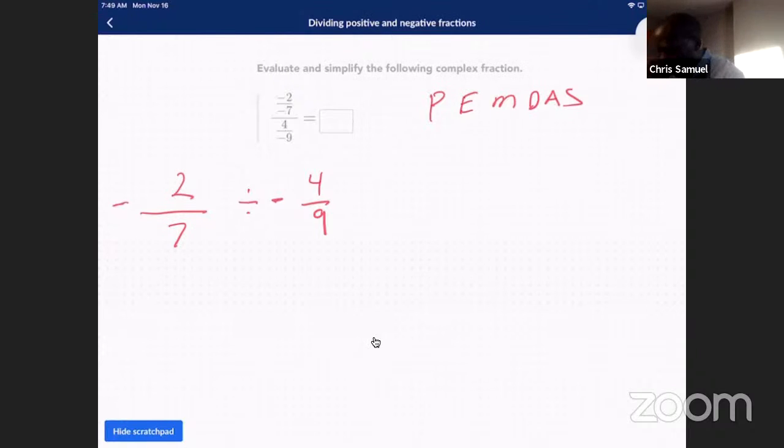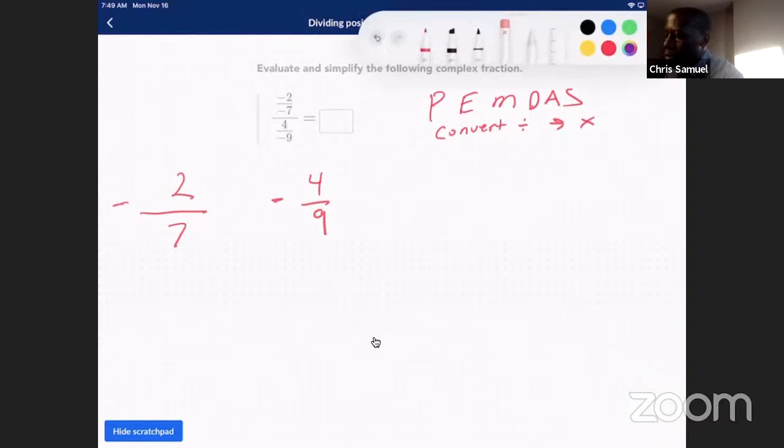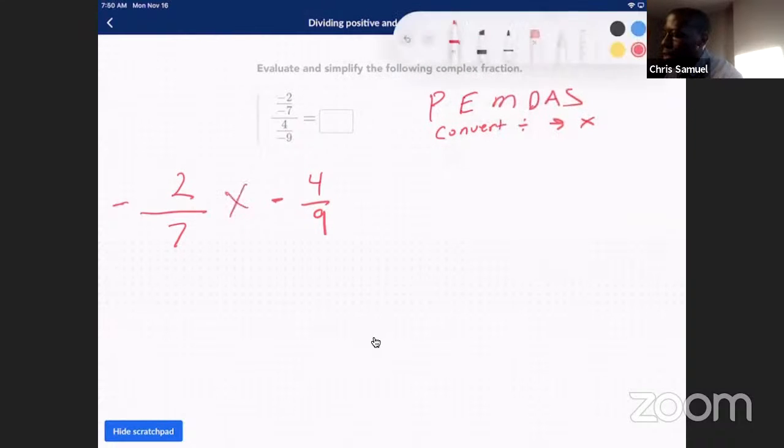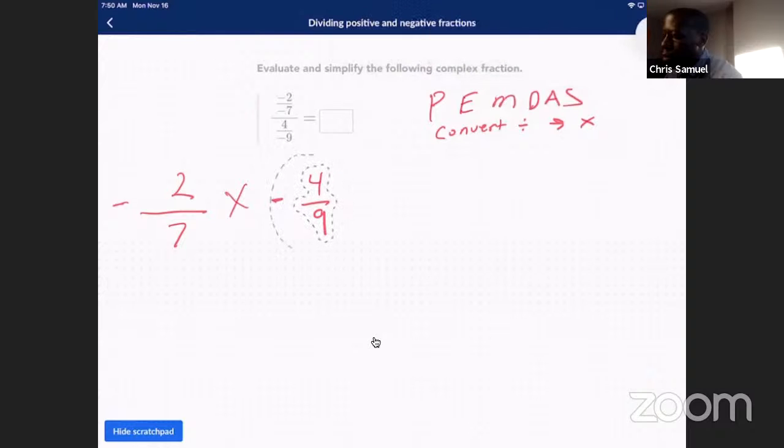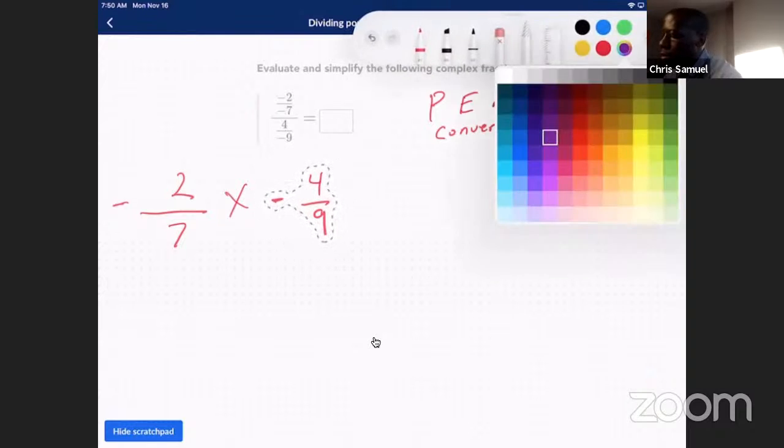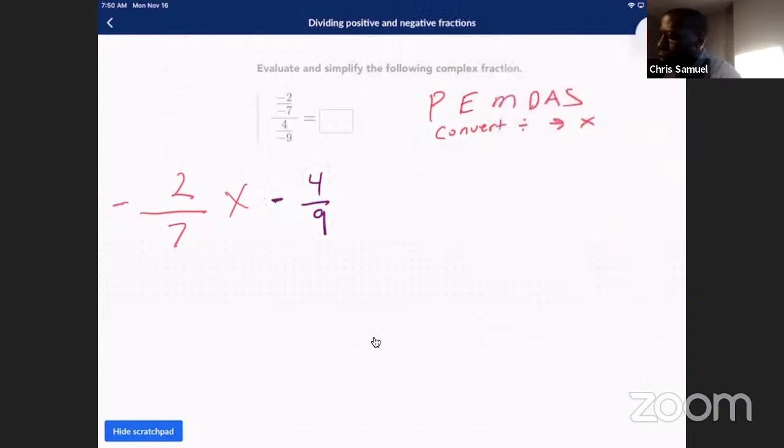But we're going to go ahead and do what we did before. We're going to convert it, and then we're going to simplify. Do the reciprocal, which becomes 9/4.